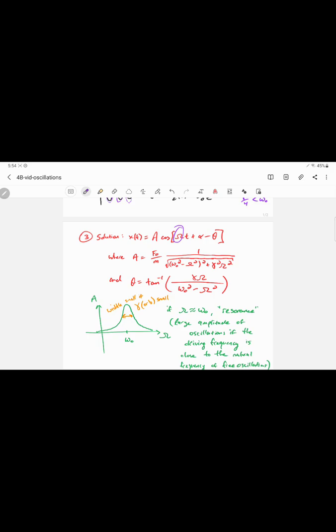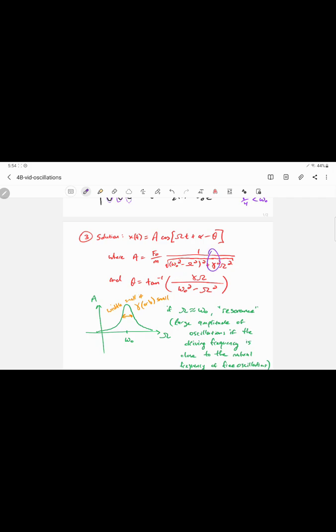So whatever's forcing the motion, that's controlling the frequency of oscillations. And the amplitude is this complicated function. Okay, so this amplitude is not a constant. Well, it's a constant if all of these things are constant. But in general, it depends on what the forced frequency is in addition to what the free frequency is.